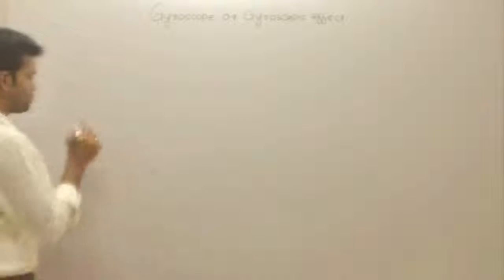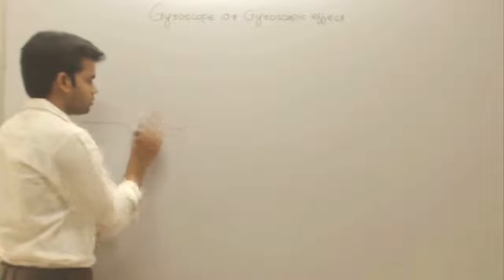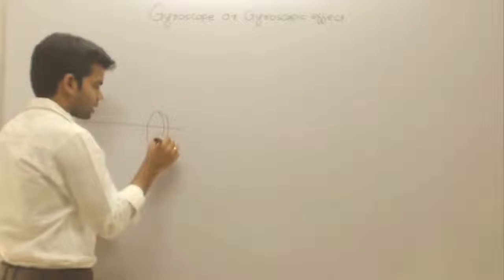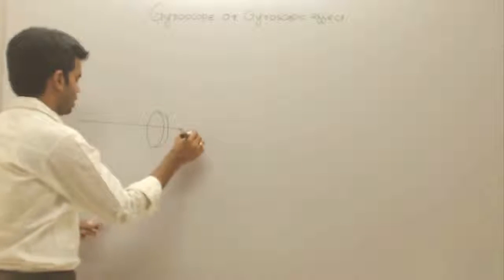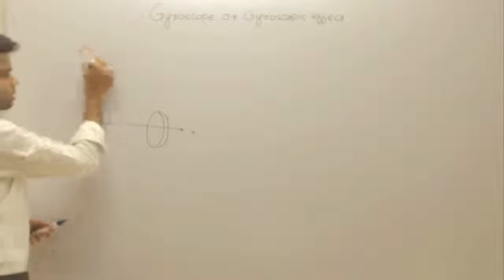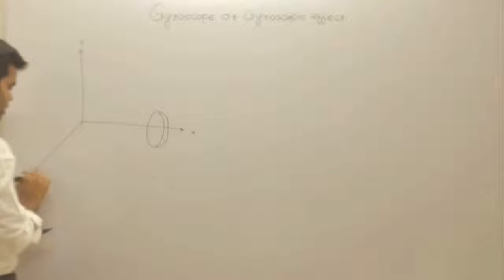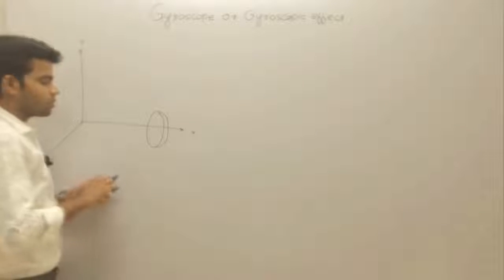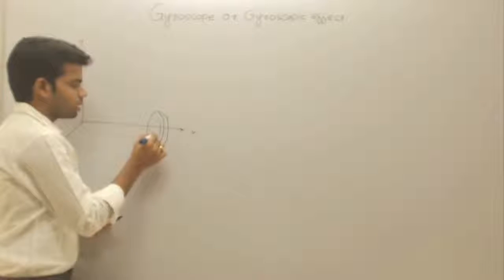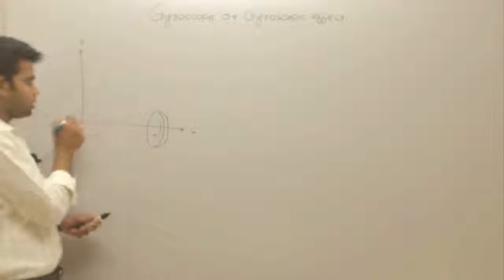So let's suppose we are having a rotor which is rotating about an axis. Let's suppose the x-axis. This is the coordinate system we are having, x, y and z axis, and we are having this rotor. This rotor is rotating clockwise when seen from the origin.